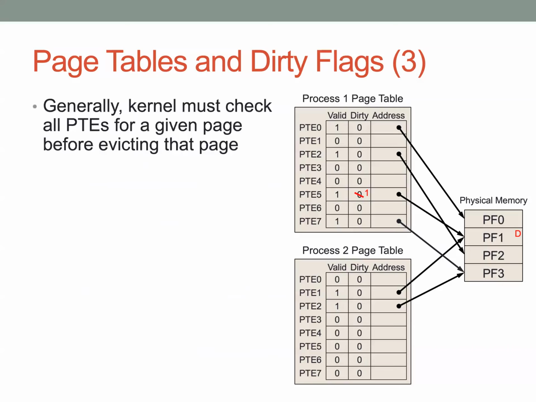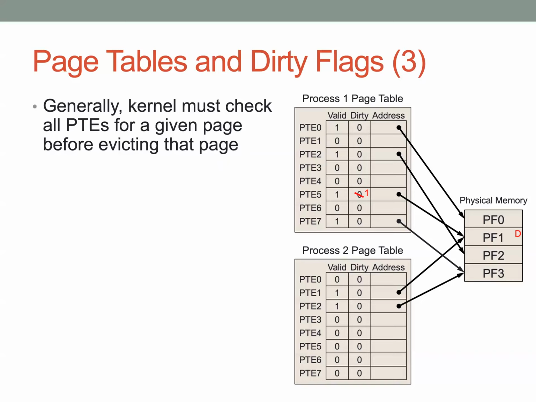So when you have a shared page, the kernel has to go through all the processes that share that page, and it needs to check all of their page table entries. And you may say, that sounds complicated. And I suppose it's a little bit complicated. It's just like all the stuff inside the kernel. You just have to keep track of stuff.